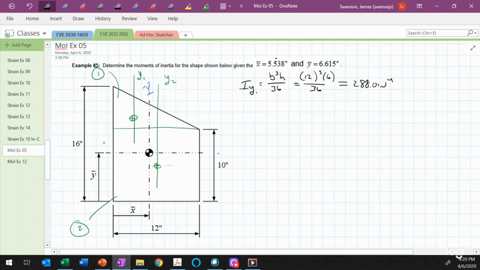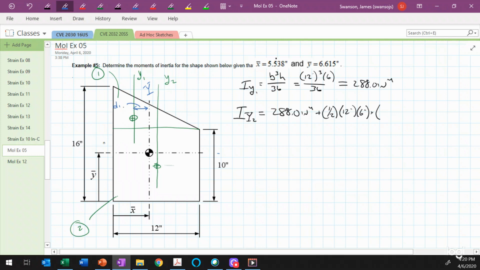All right, now I'll just work in order. If I want to know the moment of inertia about the big y-axis from sub-area number 1, this is going to be equal to that plus A times d squared. So this is going to be 288 inches to the fourth plus the area, 1/2 base times the height, and then times the distance. The distance I'm looking at in this case is this distance right here, so that is the distance d1.